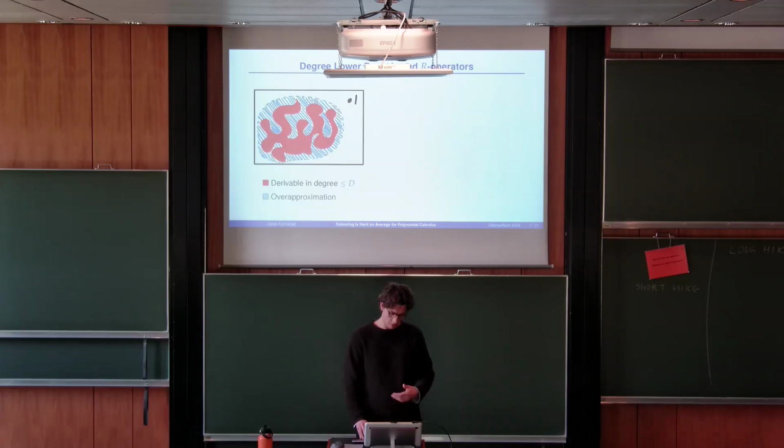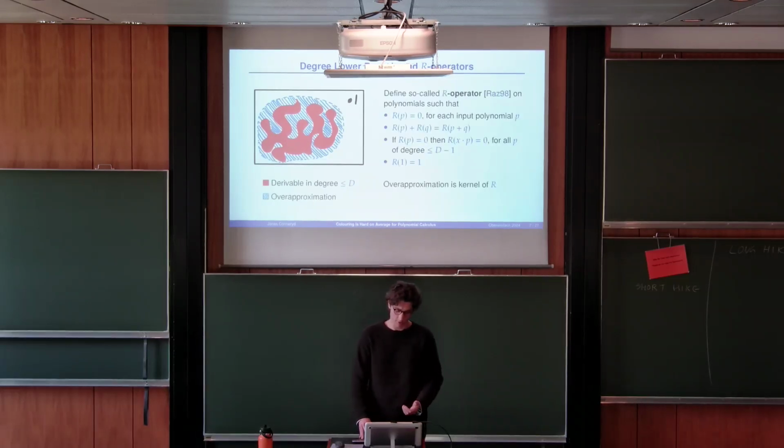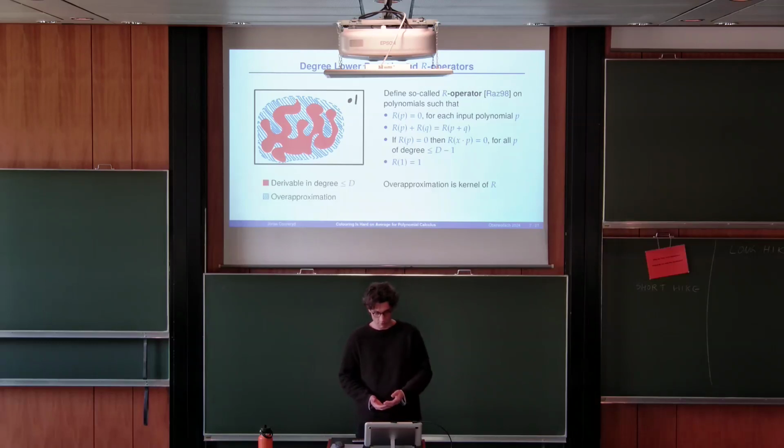And the way we construct the over-approximating set is by using what's called R operators. This is an operator taking polynomials to polynomials, and it should have these 4 properties: it maps all of the input polynomials to 0, and it should be linear. So in particular, it should map linear combinations of things that map to 0 also to 0.